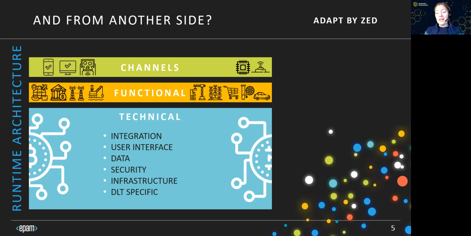Then data: how to manage, secure, and analyze data kept on-chain and off-chain. And here we will speak about archiving, data monitoring, data consistency, the requests which we can get to the system, on-chain, off-chain, the sizes of the data, the structures of the data.